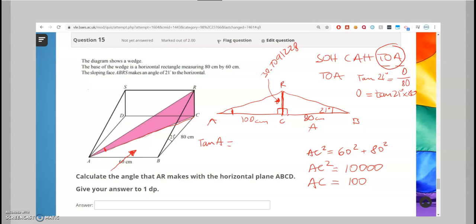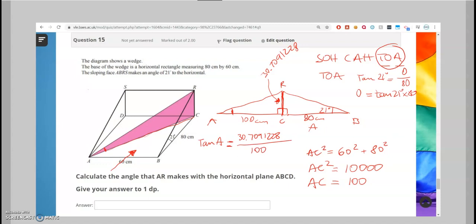So the length opposite was 30.7091228, which I still have in the calculator, and should be divided by 100.